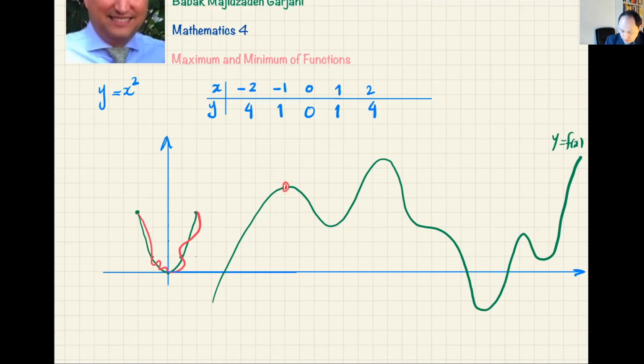Because if you know that these are the turning points, so this is not a turning point, sorry. This one, this one, this one, and this one, this one, and this one. These are turning points. So if I give you these points, somehow you can connect them. At least you know that the function should go back at the turning point. And of course, the turning points are of 2 types.